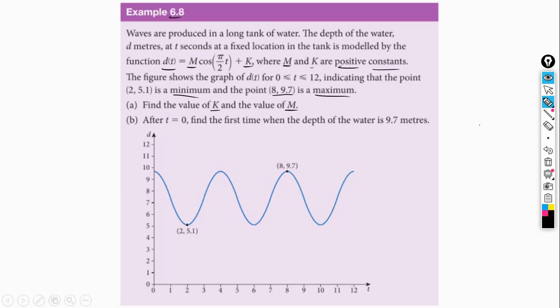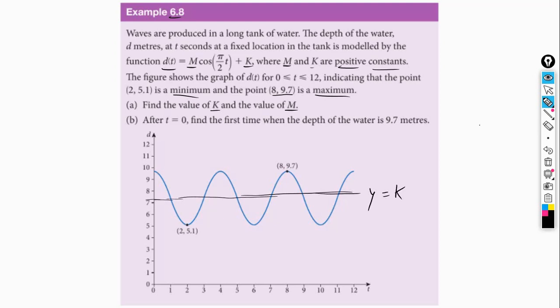So k, remember, is the vertical shift upward. Normally, these graphs for sine or cosine functions would have an axis of symmetry at y equals 0, or the t-axis in this case. Now, this axis of symmetry has to be somewhere between the maximum and the minimum. So the line y equals k has to be somewhere there. So how can we find k?